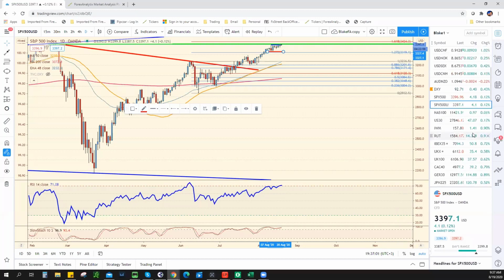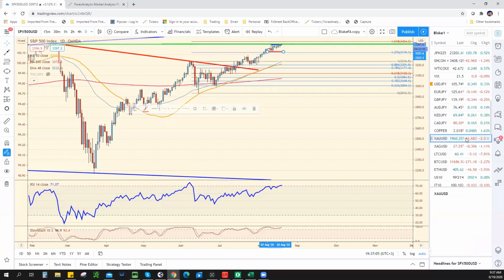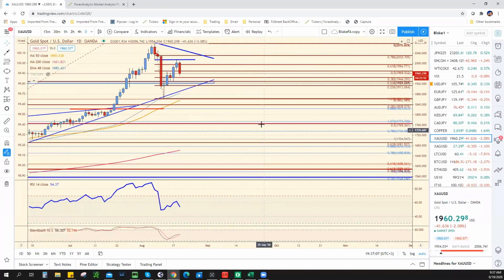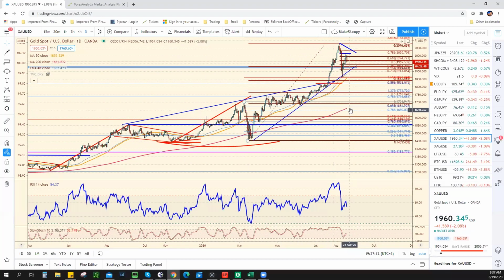Another thing that could fuel a dollar reversal is gold and silver. Look at gold. Now, I'm bullish gold, but what happens if this happens? Consolidating trend lines, right?